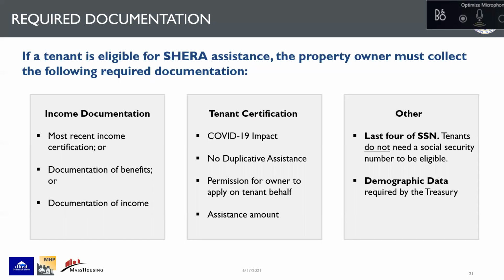The resident also has to provide a signed certification that identifies whether or not they've been impacted by COVID-19, that they have not received other emergency rental assistance, that provides the owner permission to apply on their behalf, and confirming the assistance amount that they're applying for.